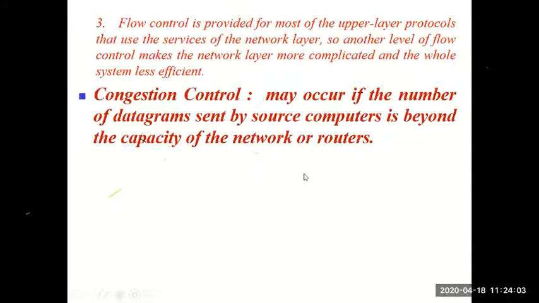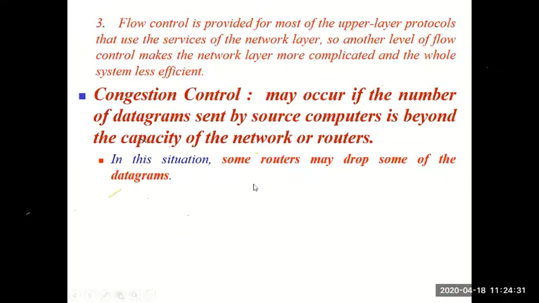That causes congestion. When there are more packets than the queue size possible in the in-between routers, congestion happens. The router has some fixed capacity, and the data it is receiving to process is more than its capacity. That's why there is congestion.